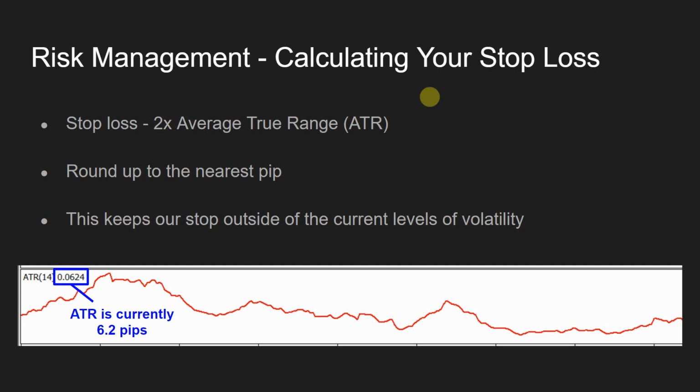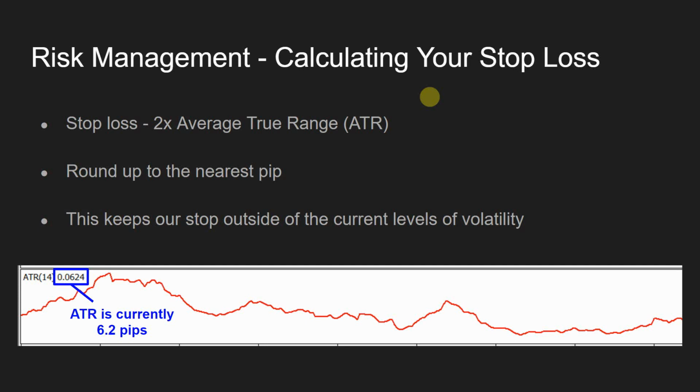The average true range is probably the most popular way of determining where your stop loss should be. The reason we use the ATR is mainly because it takes into account the current market conditions and volatility, and you can set your stop loss outside of the quote unquote noise that the market is producing.